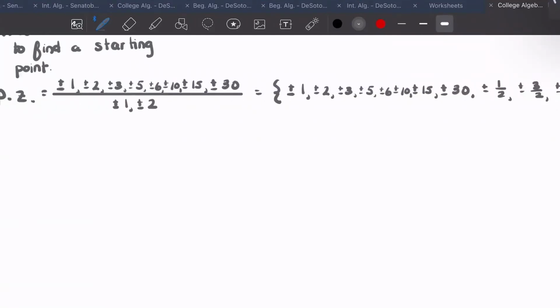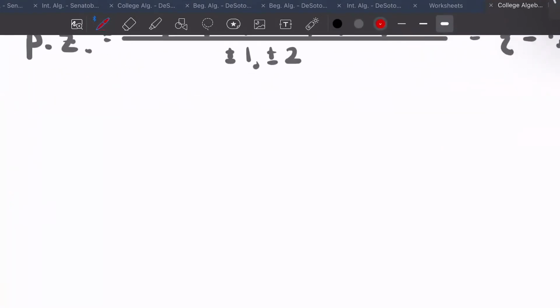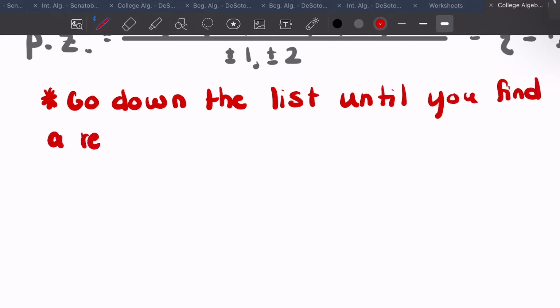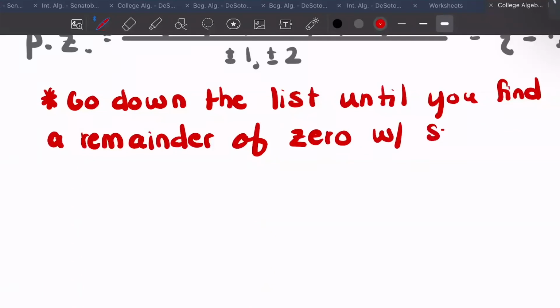Now here's the part where it gets a little interesting. We are going to go down this list until you find a remainder of 0 with synthetic division.